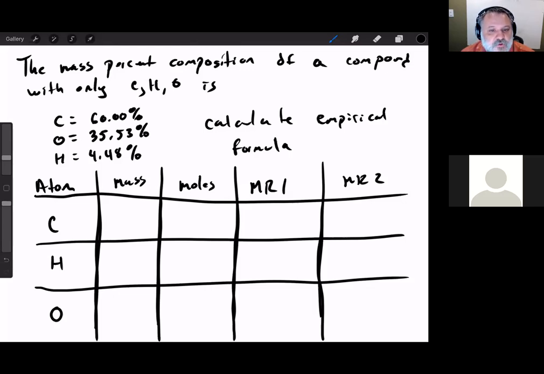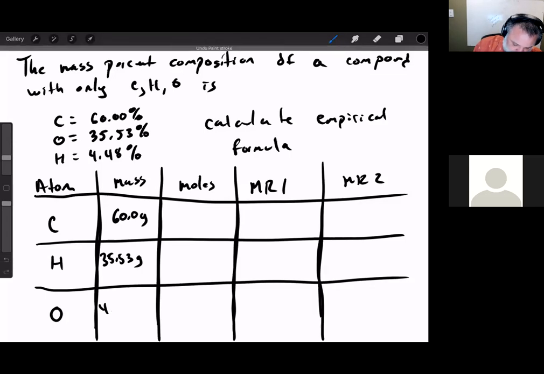Okay, so, well, what if the mass was 100 grams? If the mass was 100 grams of the sample, then what would be the mass of the carbon in 100 grams? What's 60% of 100 grams? Right, 60 grams, 4.48 grams of hydrogen, 35.53 grams of oxygen.